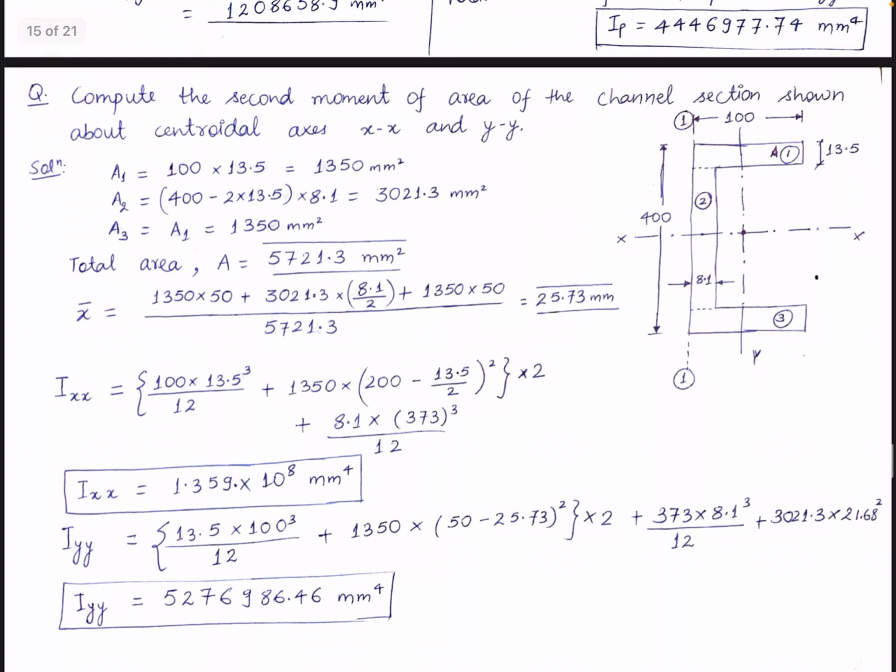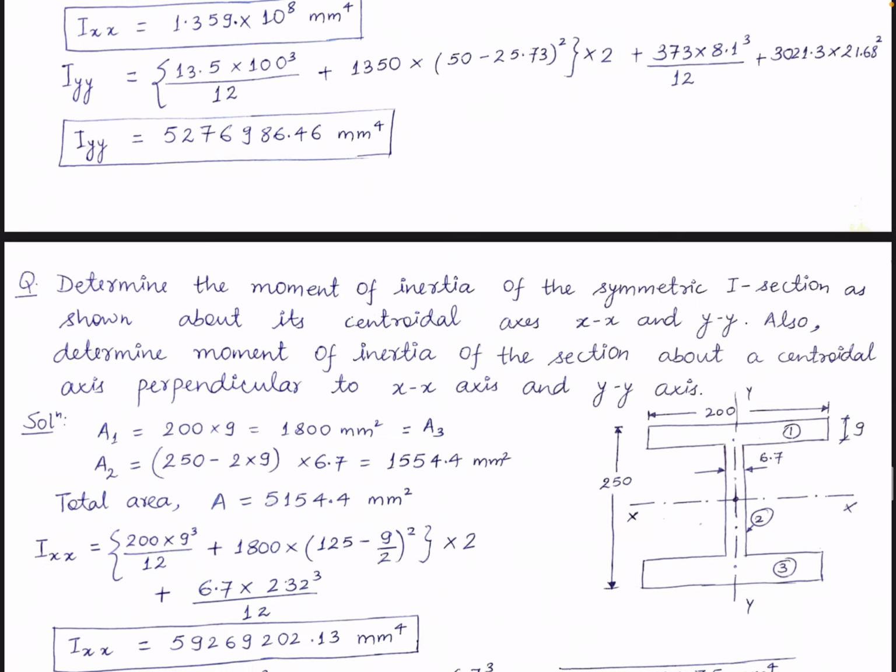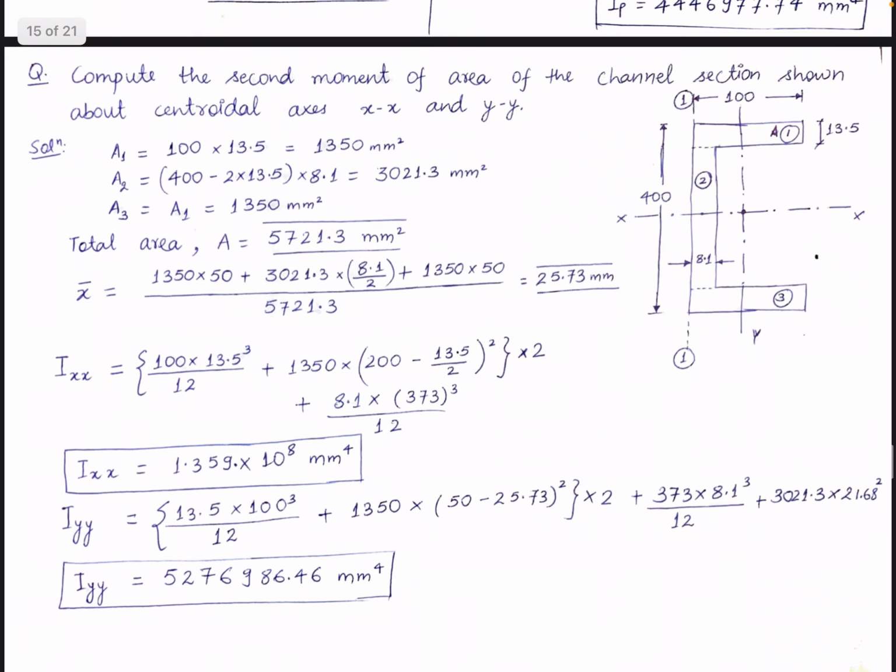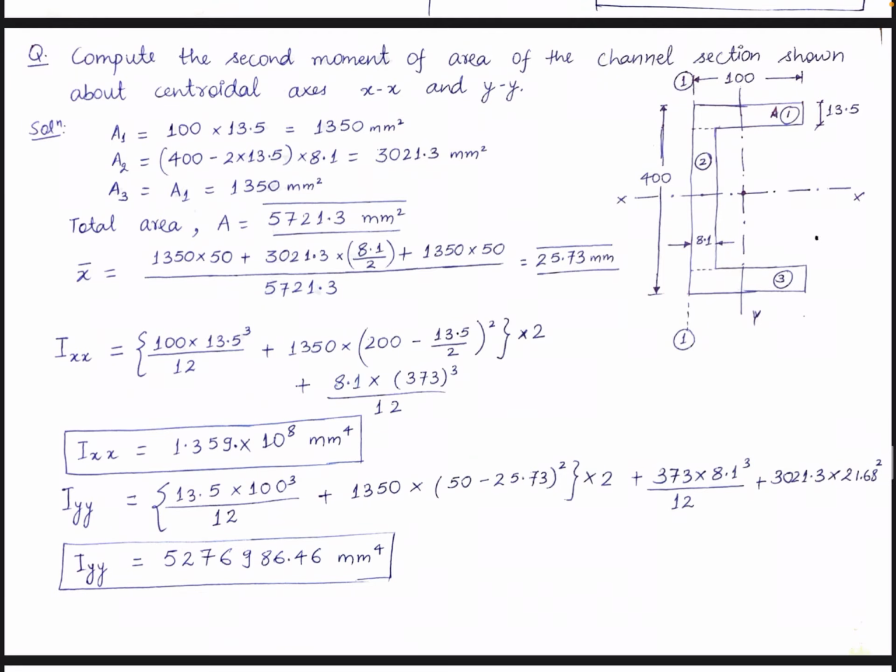Similarly, this question is also there. I am giving the solution also, so first you try by yourself, and if you are not able to find any value, or you have any difficulty understanding any concept, you can just ask me. The question is: compute the second moment of area of the channel section.